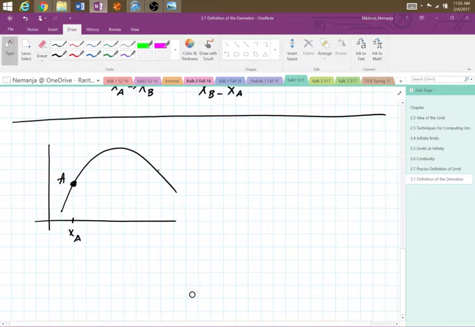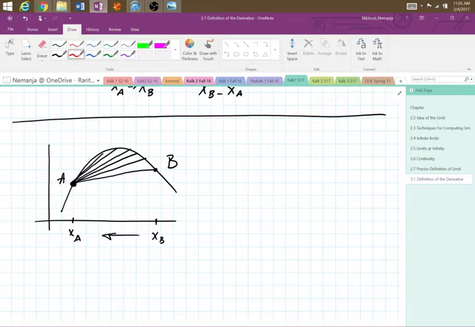And I'm going to make point B the one that travels towards A. We know there's the initial one, and then there are all the other ones that exist, and we know that our goal is to reach that one, which is going to be the tangent line.